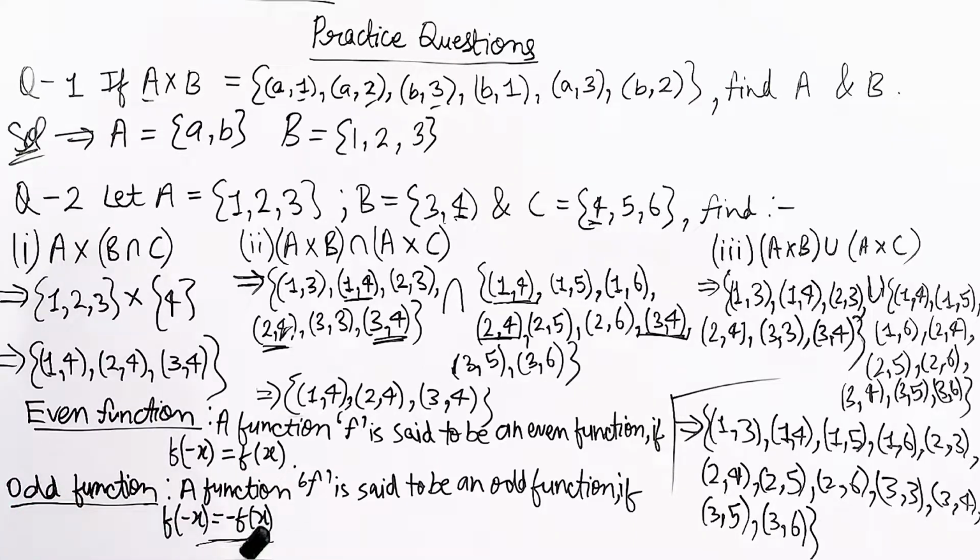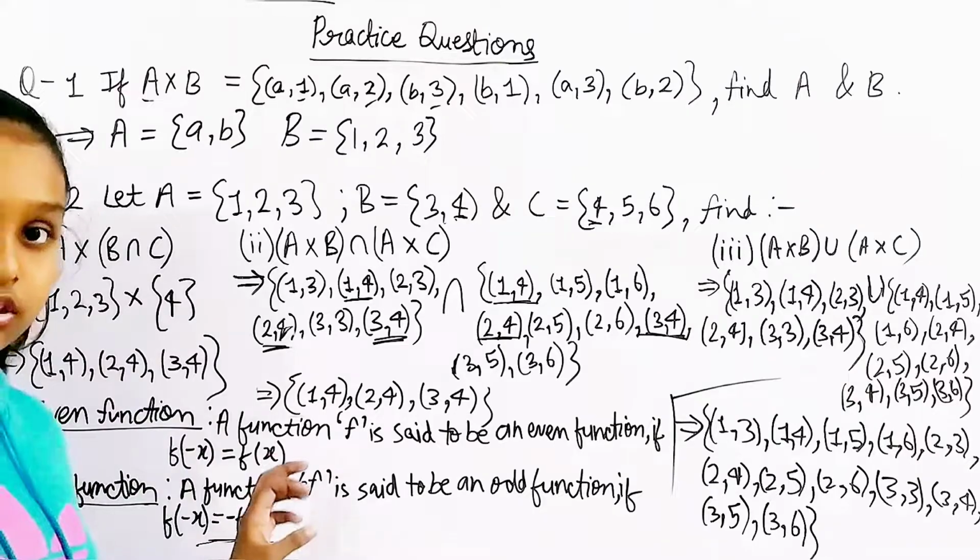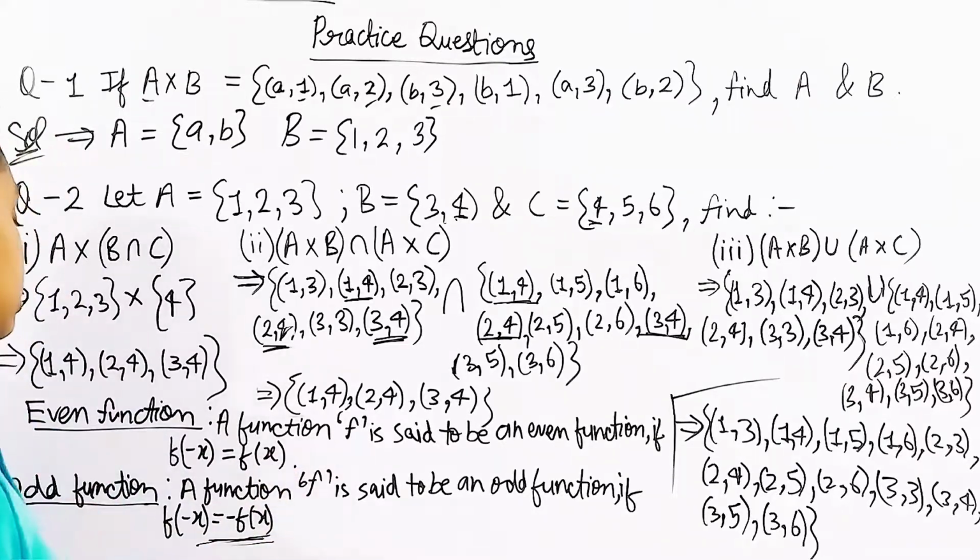But in the odd function, it's different. When f of negative x is equal to negative f(x), then that function is going to be considered an odd function. So there's nothing to it.